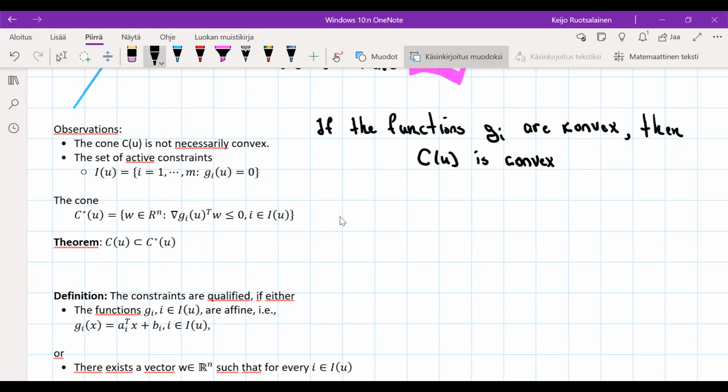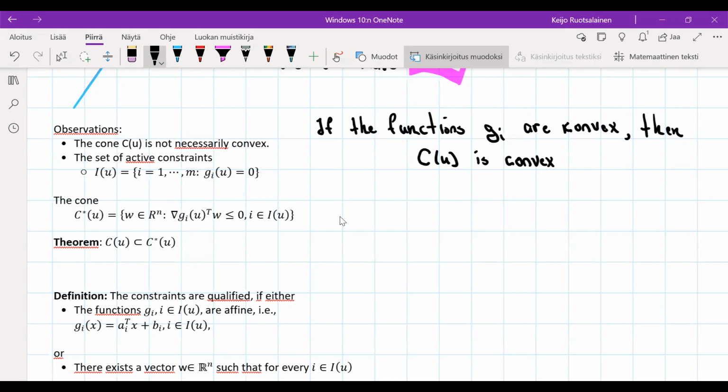So if you take any two points, W and B, you take the sum of those vectors and you take the scalar product with gradient of Gi.